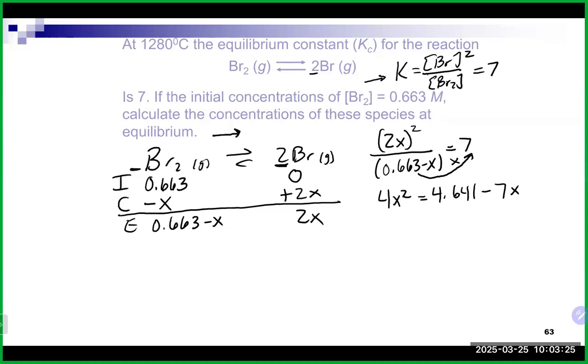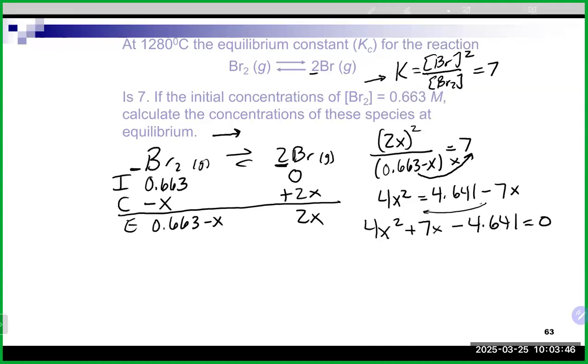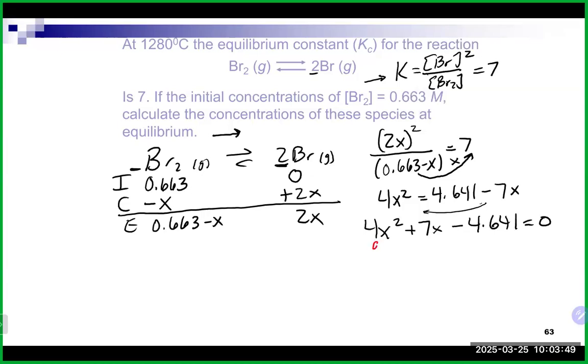So I'm going to bring everybody back to this side, and that gives me 4x squared plus 7x minus 4.641 equals 0. That is essentially my quadratic equation, and that's going to be my A, my B, and my C that I need to go into my formula.